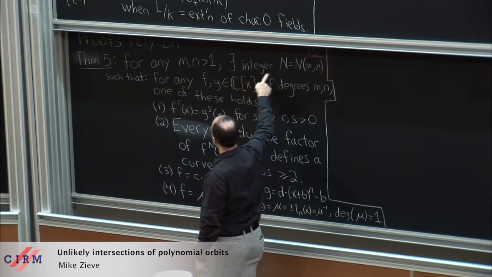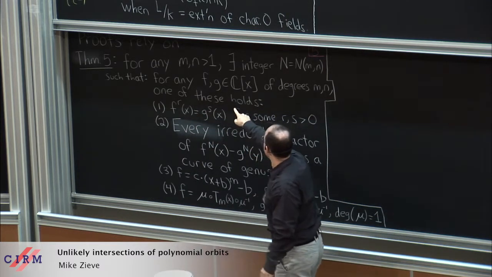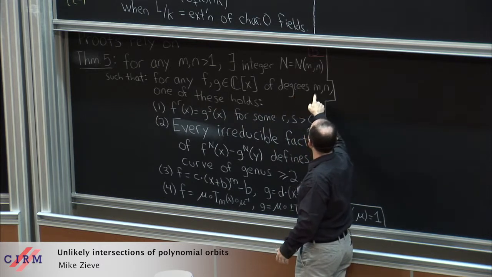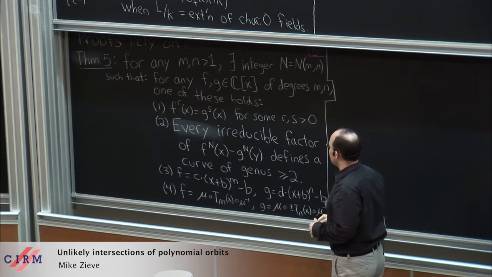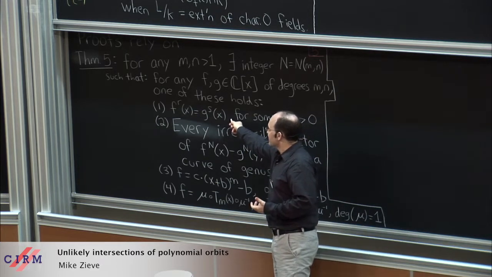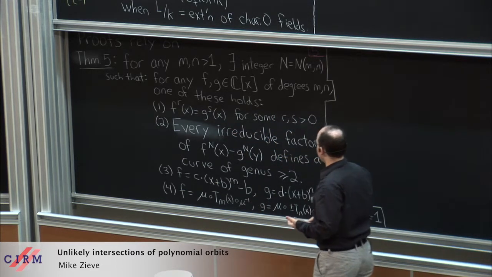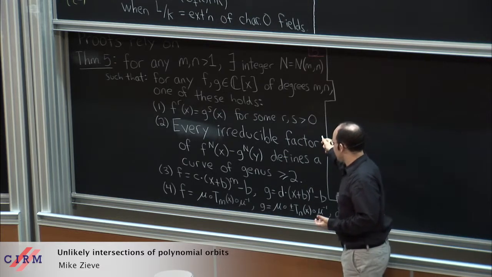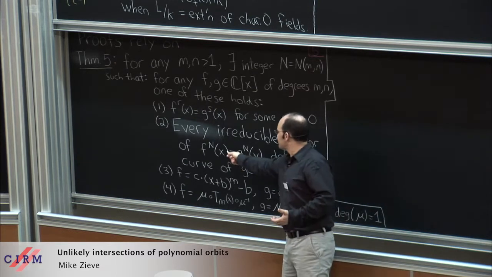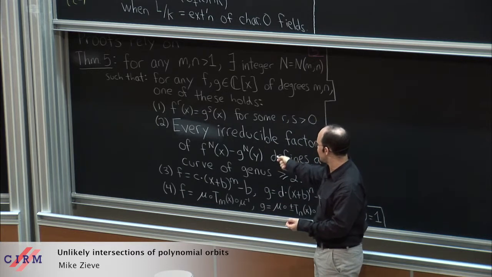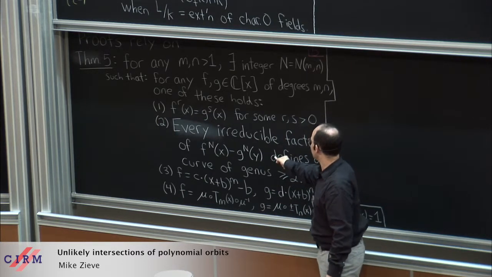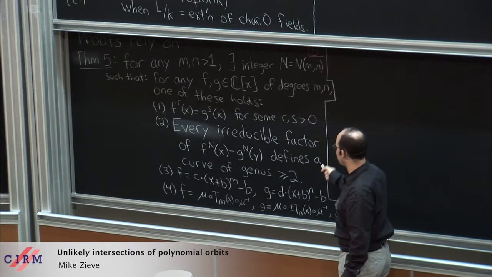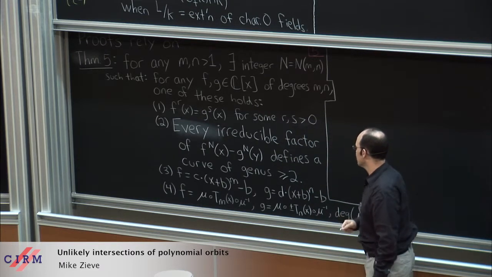But there are some explicit integers so that if you give me any complex polynomials of those degrees m and n, then either they have a common iterate, or every irreducible factor of f^n(x) minus g^n(y) (the nth iterate of f minus the nth iterate of g) defines a curve of genus at least 2.